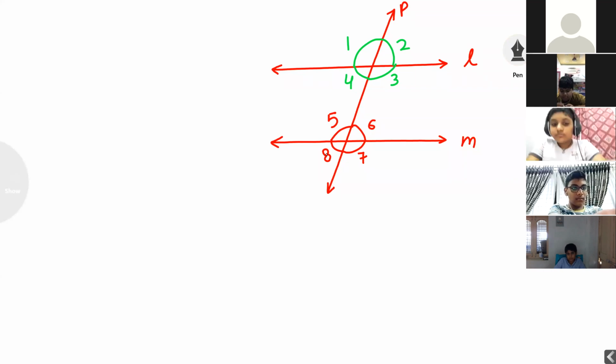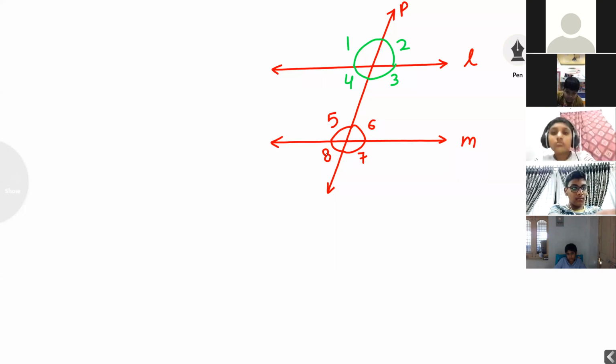How many outside angles are there? 4. Angle 1, angle 2, angle 7, angle 8. This is called exterior angle. Outside angle is called exterior angle. Inside angle is called interior angle. Two concepts I have completed, right? Interior angle, next exterior angle.